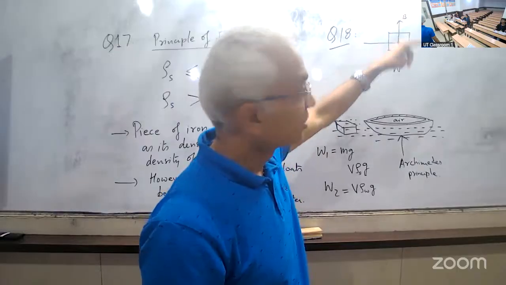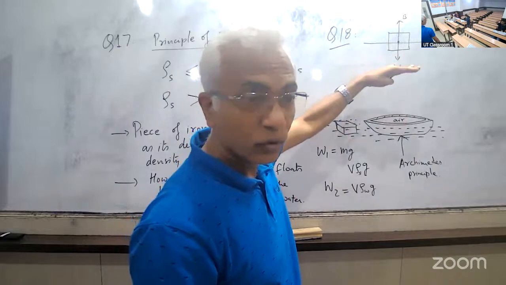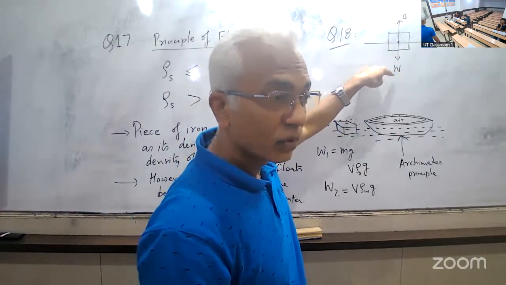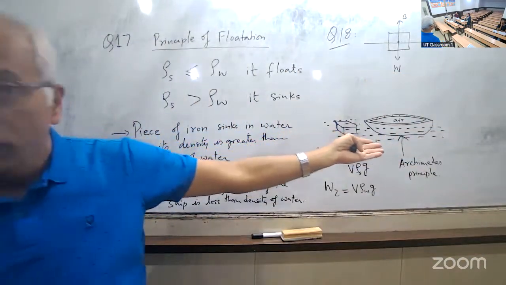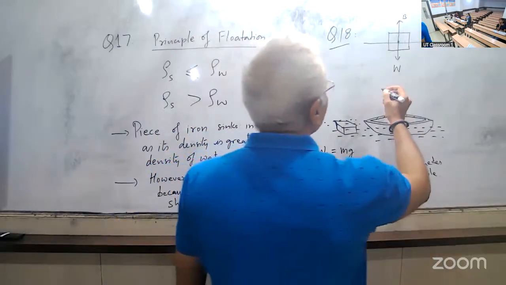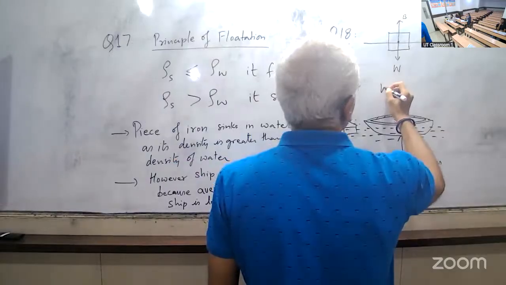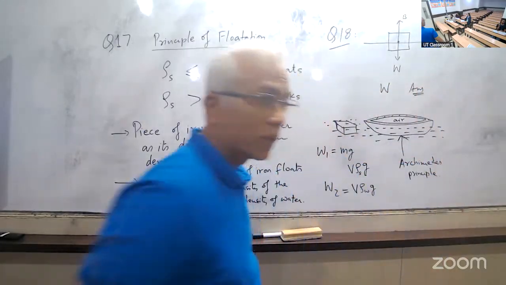So if weight was more, the body will continuously sink. But it is floating. That means the upthrust must be equal to weight. And what is the upthrust? The weight of the water displaced. So the answer is, the weight of the water displaced is equal to W. Same weight.